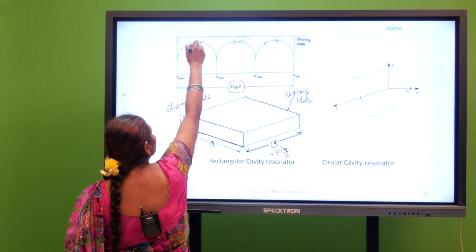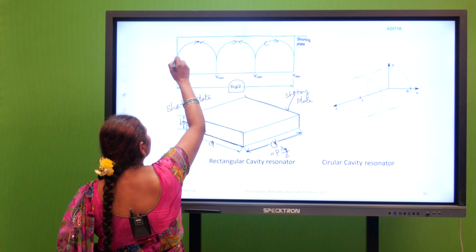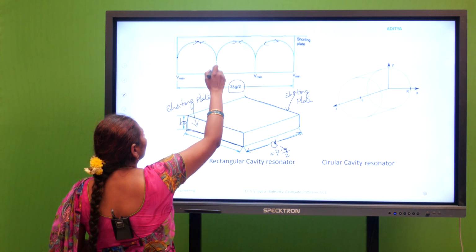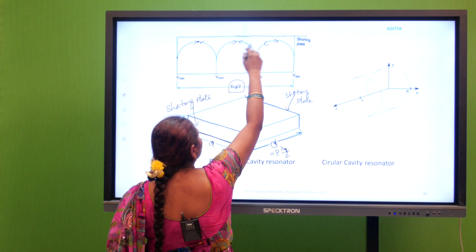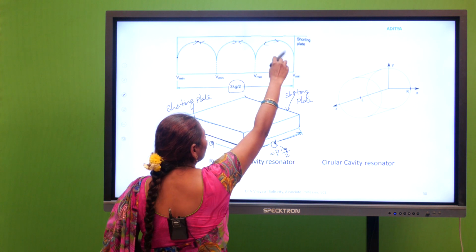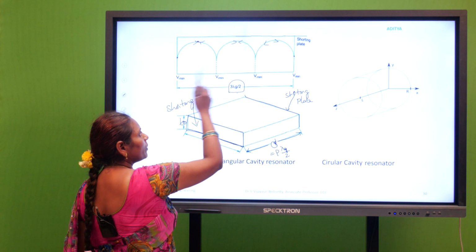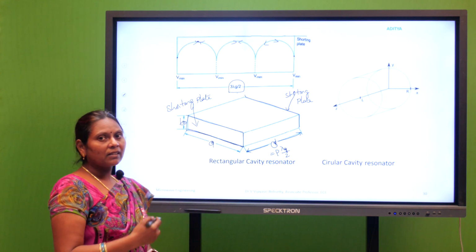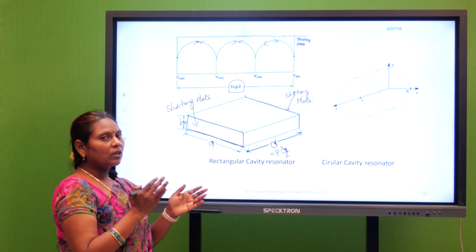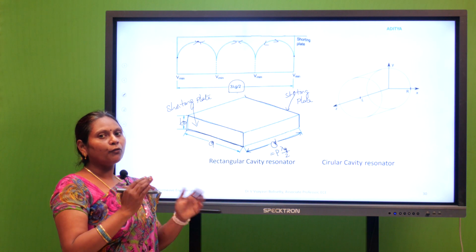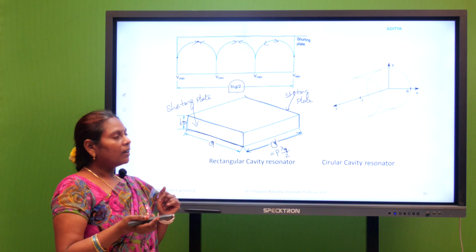So, we call this the maxima and this the minima. Successive maxima and minima reach the shorting plate, and if this is 3 lambda g by 2, then the reflected signal is produced, and hence the wave bounces back and forth and produces the resonance.